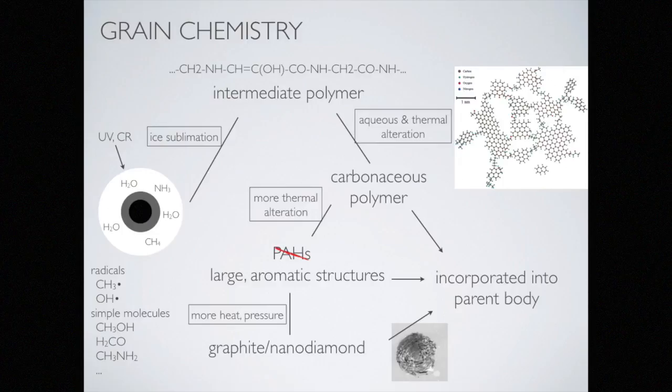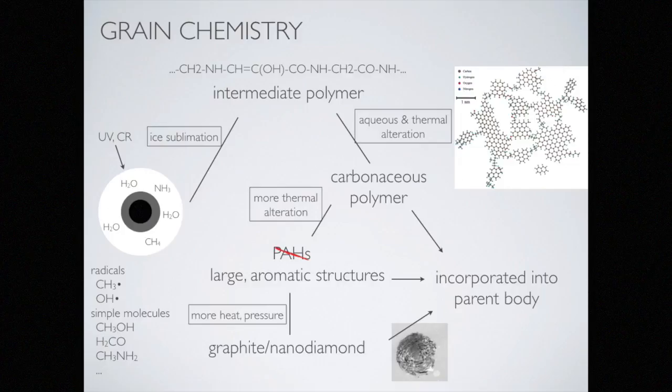So the point of this is this is by no means exhaustive. This is just a quick schematic of what could happen. There are many other pathways, many other ways to form molecules. But all of this gets incorporated into some form of parent body, comet or asteroid. And in addition to that, all these processes are also going on in the same parent body.